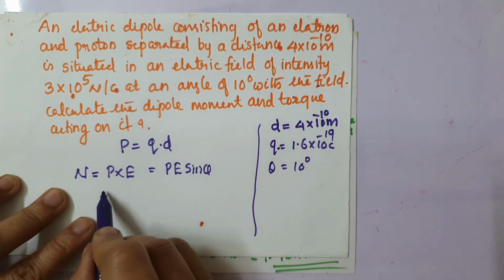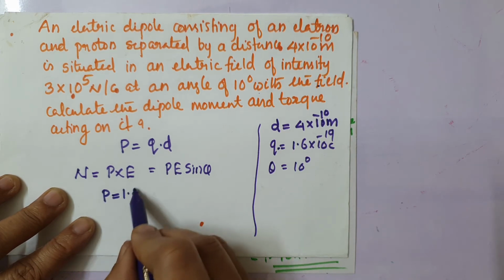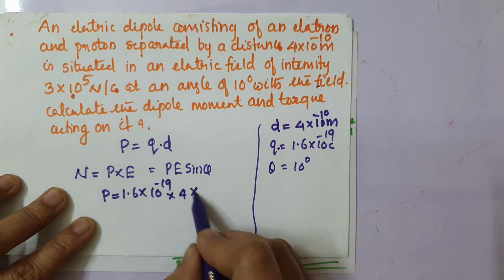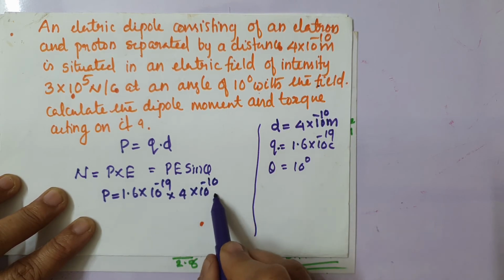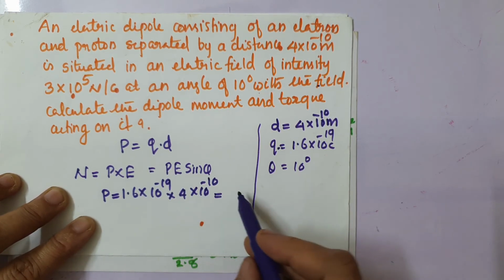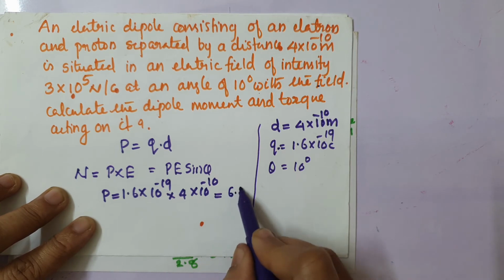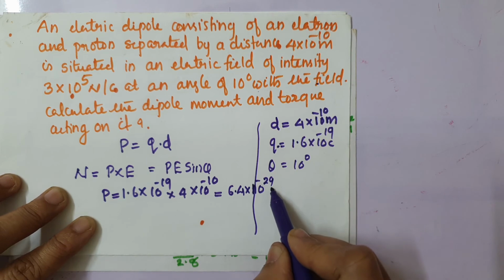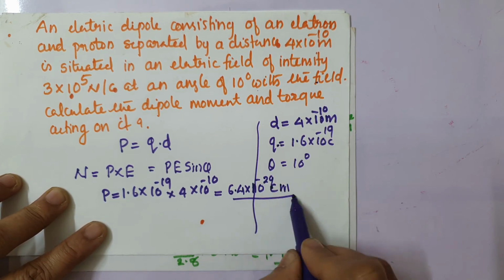So the dipole moment P is equal to 1.6 into 10 raised to minus 19 into 4 into 10 raised to minus 10, that is 6.4 into 10 raised to minus 29 coulomb meter, the dipole moment.